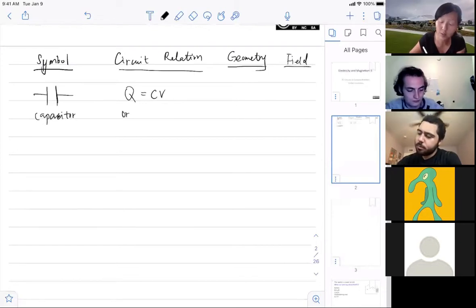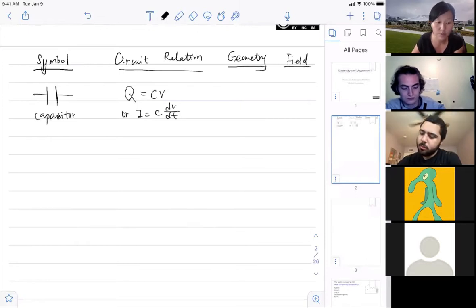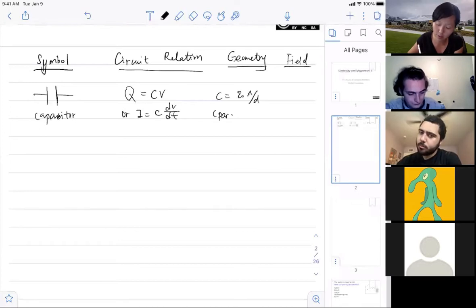If you take the derivative of that equation, you get the current, which is going to be C dV/dt. Now, in terms of the geometry, if it were a parallel plate, the capacitance is epsilon naught times the area over the distance between the plates. This is only for a parallel plate.